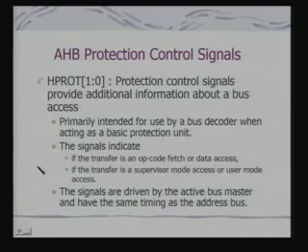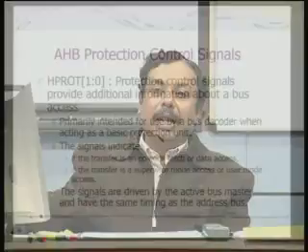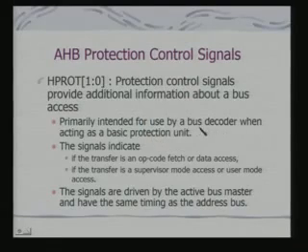A simple example is, if a transaction is taking place in user mode, it will not be permitted to access a register of another processor or another memory area which is granted only supervisory access rights. Okay. So, that protection can be ensured in hardware through the bus decoder, and that is why the protection signals form part of your bus signal specification. Okay.